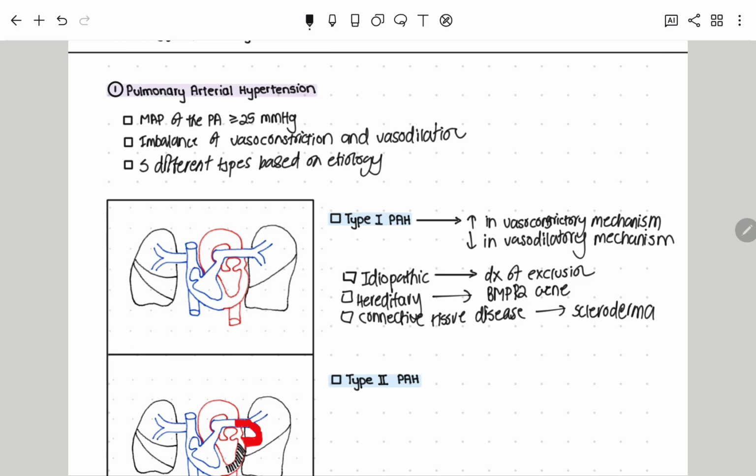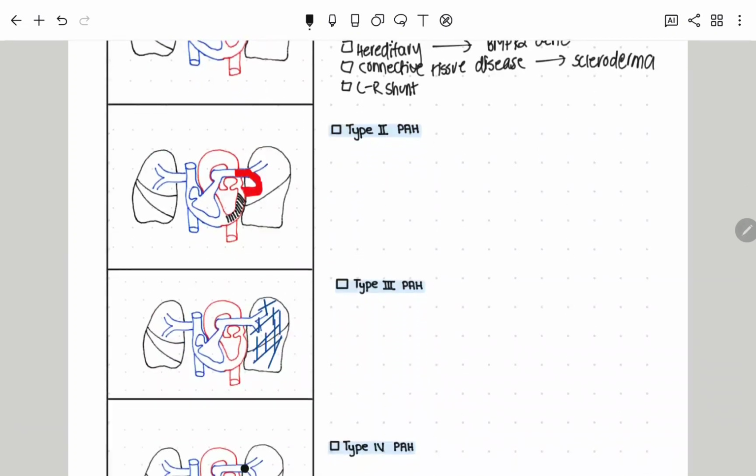And scleroderma is basically an autoimmune disease that causes inflammation resulting in fibrosis or thickening of mostly the skin and other areas of the body, one of them being the lungs as well. And another cause could simply be a left to right shunt, which is basically a result of a congenital heart defect. And so that is what falls under the umbrella of type 1 pulmonary arterial hypertension.